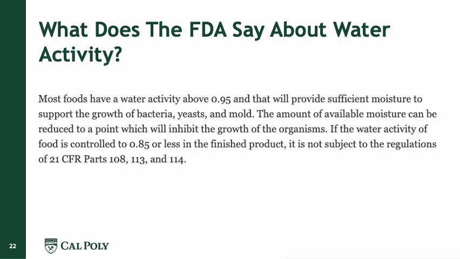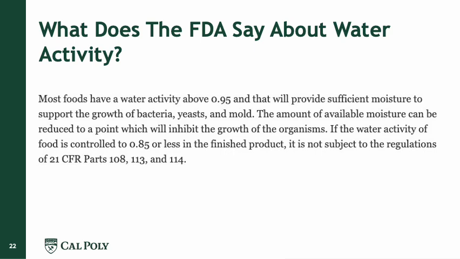So what does FDA say about water activity? If we have a food that has a water activity above 0.95, that would indicate that we have an environment that will support the growth of bacteria, yeast, and mold. These are microorganisms, and these microorganisms will deteriorate the food, and that makes the shelf life very short.